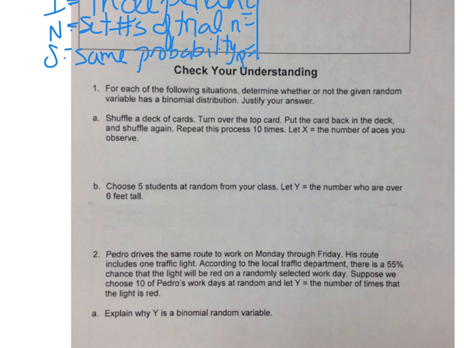What this will look like is n C k, and then p to the k power, times 1 minus p, to the n minus k power.